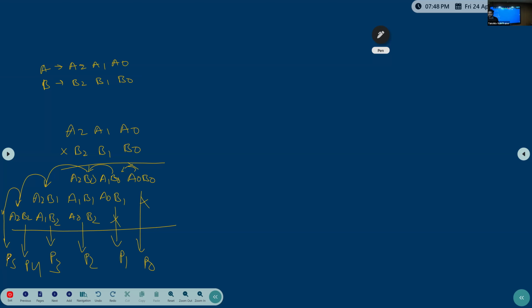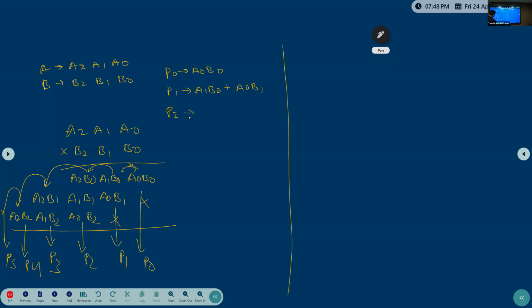I need to implement this in circuit format. How do I do that? First you need to note down the equations. What is the equation? P0 equals A0 B0. P1 equals A1 B0 plus A0 B1.